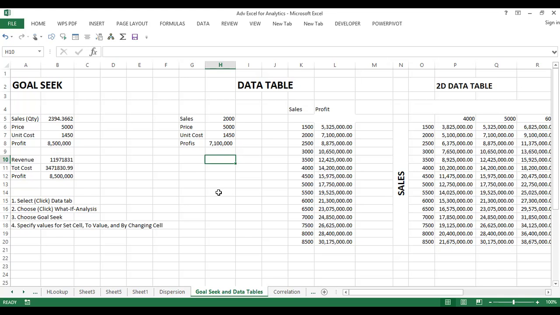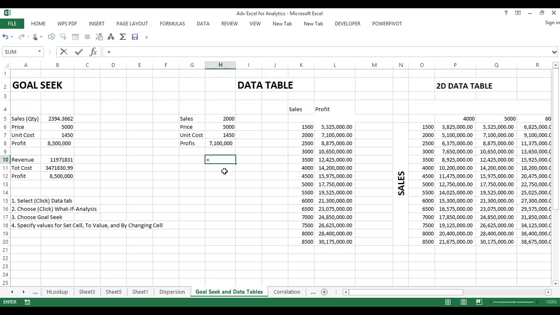It is the difference between the total price and the total unit cost. That's the unit cost times the total sales, then the price times total sales, then the difference. That's right.